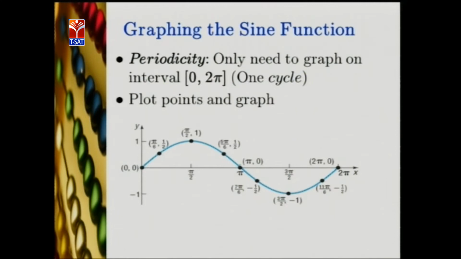The graph is drawn on the xy plane, and the periodicity of the sine graph is 0 to 2 pi. It means one oscillation, or one rotation, is completed between 0 and 2 pi. So the sine function gives this type of graph.